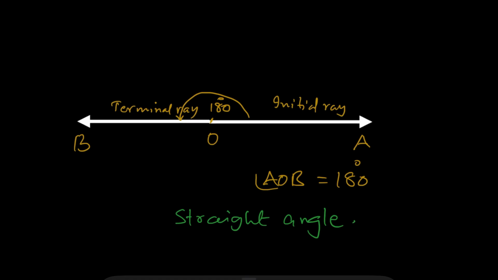Why is it called a straight angle? Because OA and OB have come in one straight line. Therefore, it is called a straight angle. A straight angle is 180 degrees. You can say that two right angles means 2 times 90 is equal to 180.